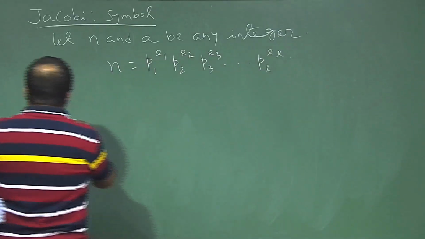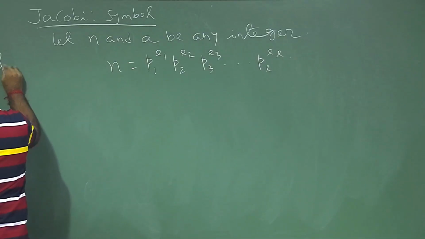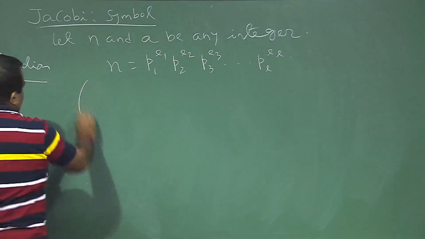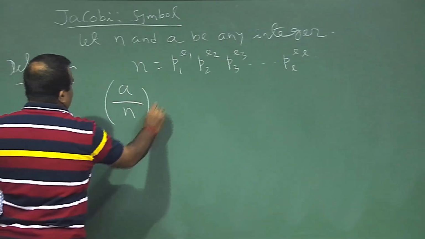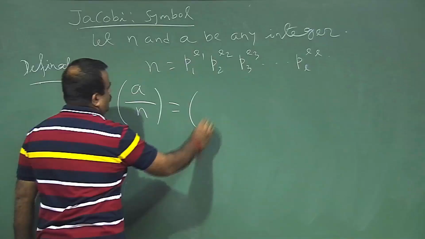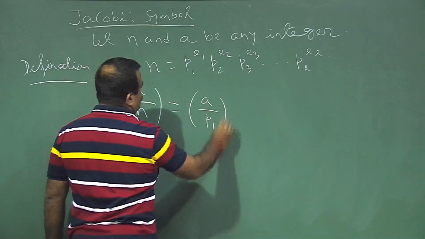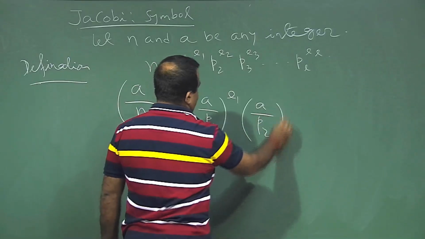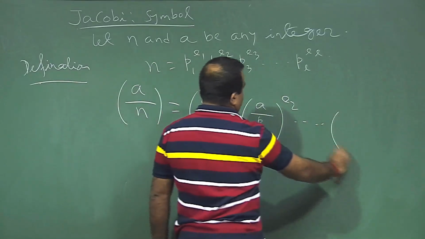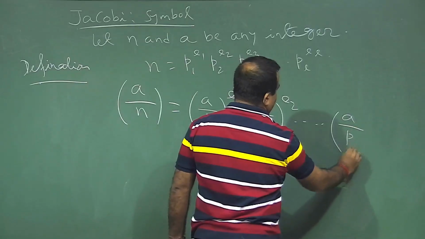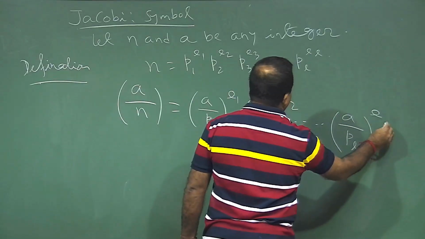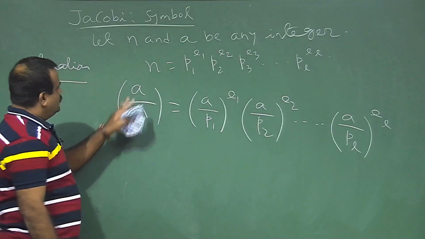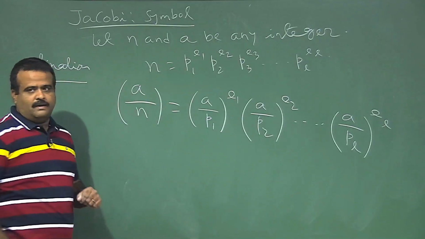Then this is the definition of the Jacobi symbol. We define (a/n) as (a/P1)^E1 times (a/P2)^E2, and so on, up to (a/PL)^EL. This is the definition of (a/n), where n is not a prime.